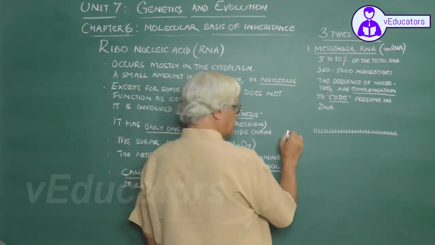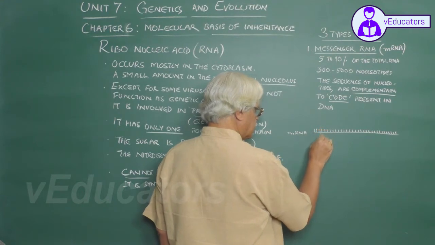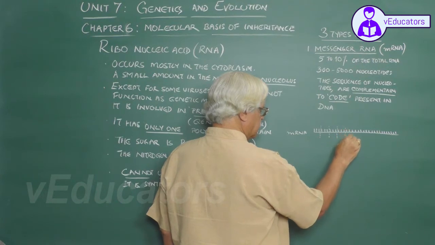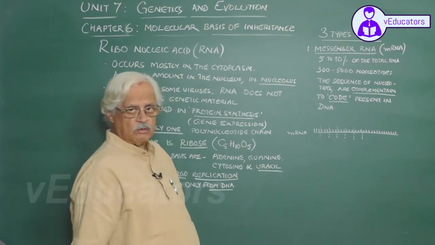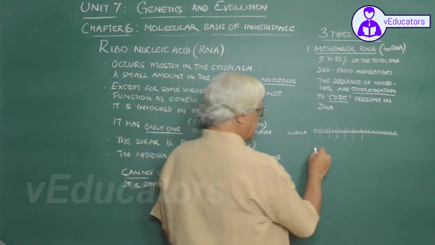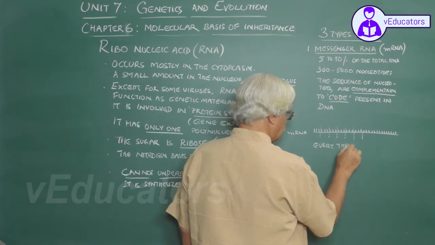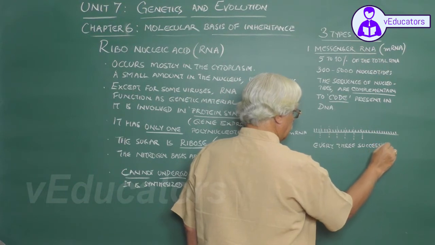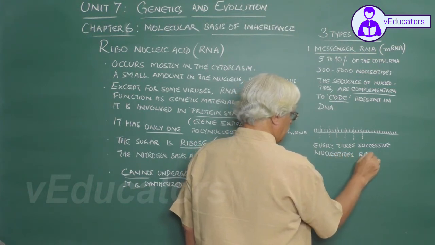In this sequence, every 3 successive nucleotides represent what is known as a codon.